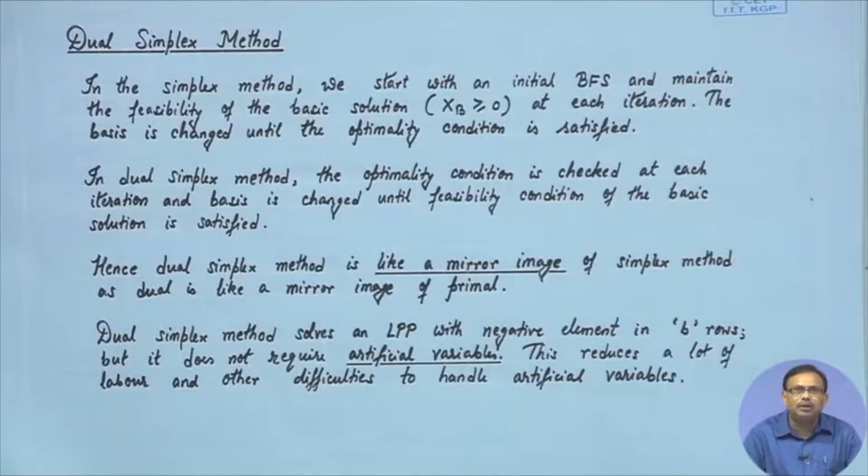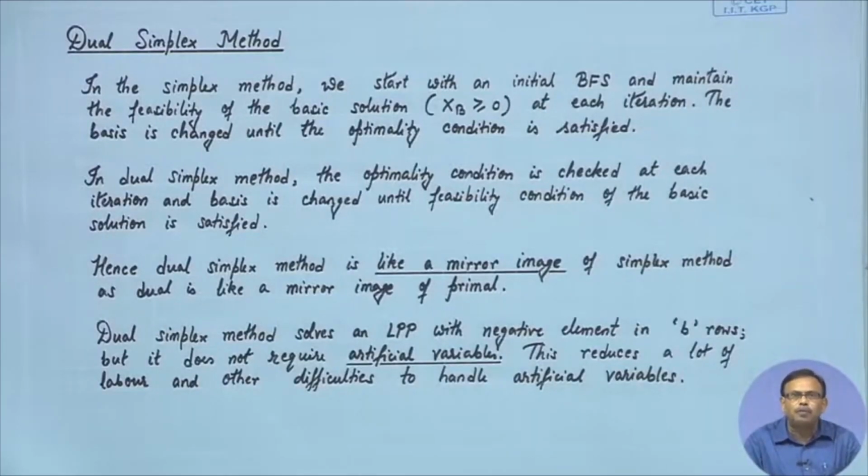But in this case, the basis is changed while checking whether the optimality condition is satisfied, until the feasibility condition of the basic solution is satisfied, that is until x b greater than equals 0. So we are doing just the opposite. For this reason, we call the dual simplex method a mirror image of the simplex method, as the dual is like a mirror image of the primal.